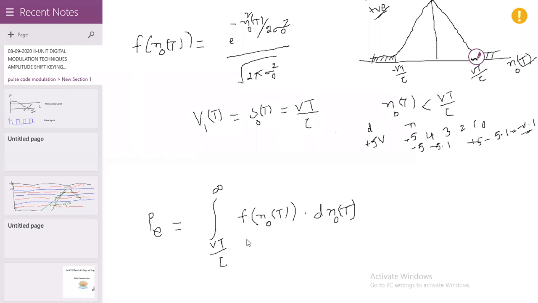Then here, what is f of n naught of t? Here you can substitute this one in this case. Please substitute.